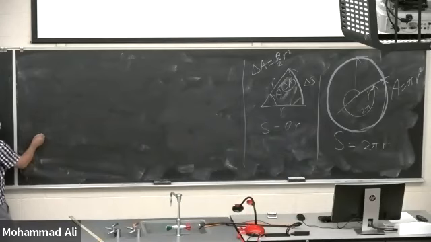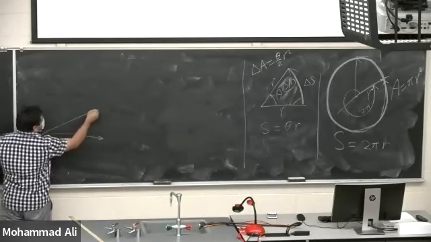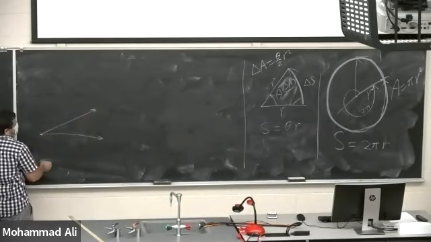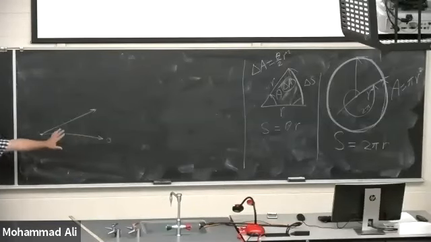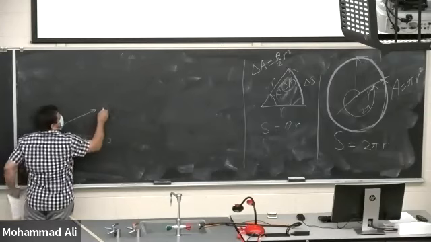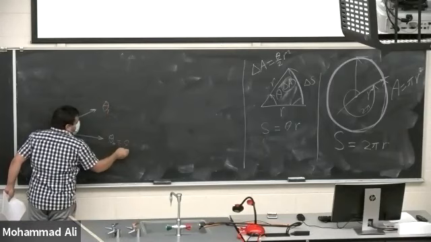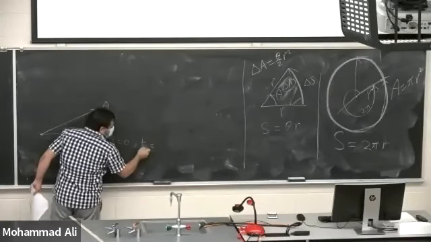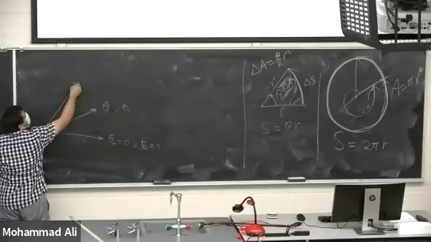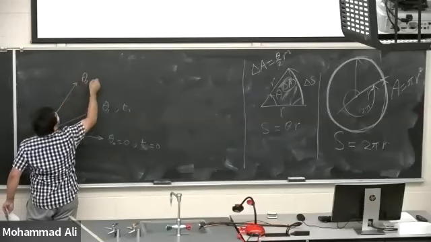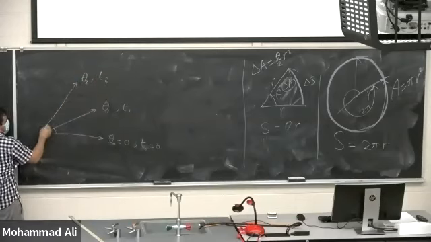Okay, now if we have this, this is the 0, the reference point or the reference angle of S, which is 0. This is theta 0 equal to 0 at time t0 equal to 0. This is theta 1 at t1. This is another, theta 2 at t2.